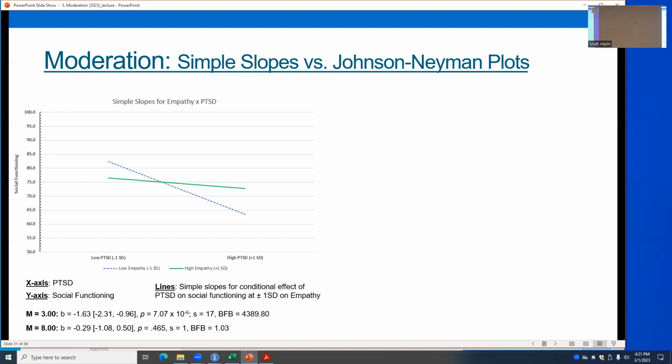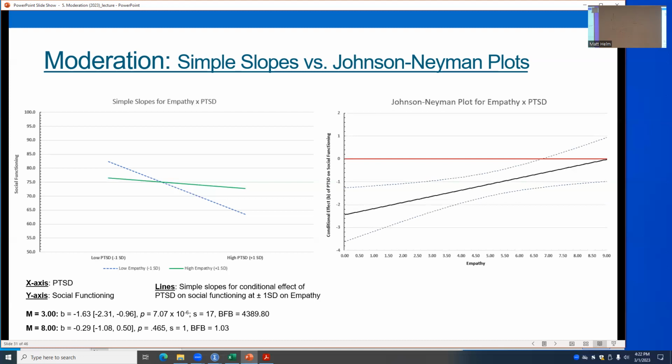But maybe I'm interested in at what level of empathy do we stop seeing an association here, right? Or what about other levels that aren't represented at these 2 values? We throw up my Johnson-Neyman plot, we get something a little bit different, okay? On my X axis here, these are values of my moderator from 0 to 9.